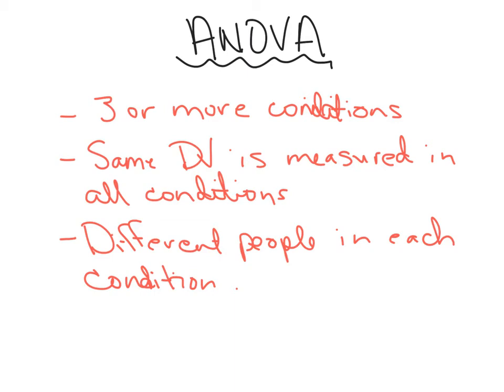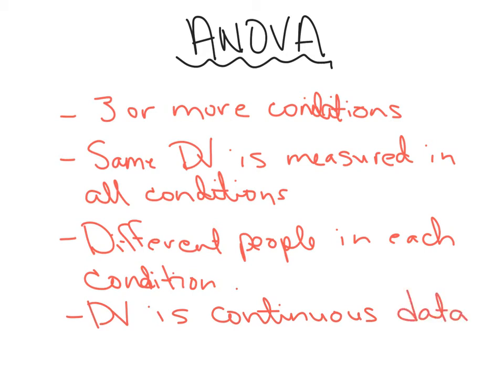One thing that I think I've missed for the ANOVA, that's another factor: the dependent variable is continuous data. So interval or ratio data for our one-way ANOVA. So these are some key things you really want to look for.